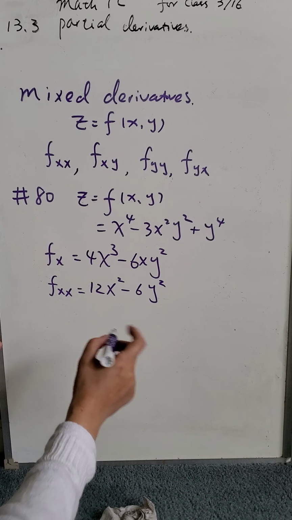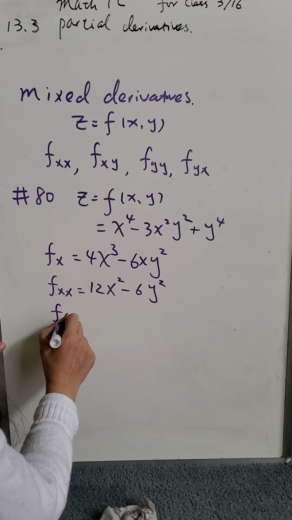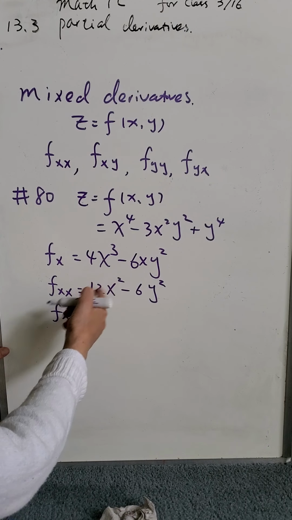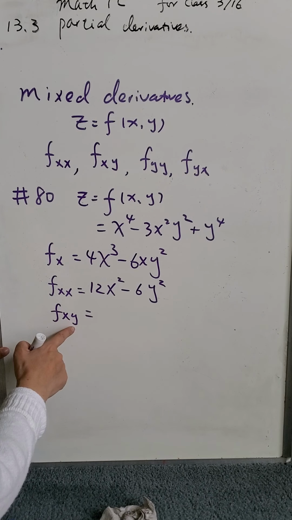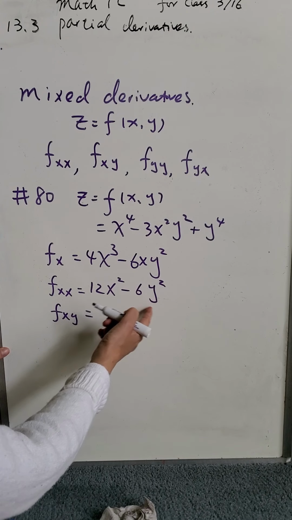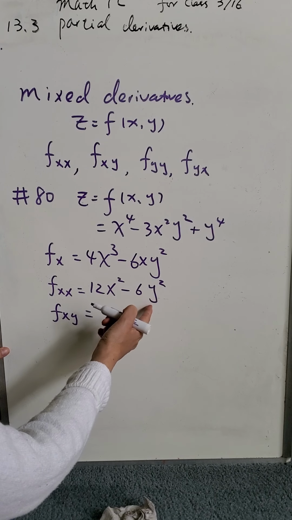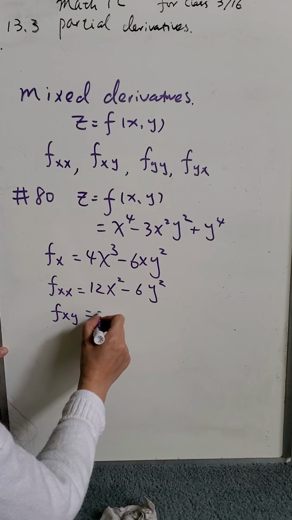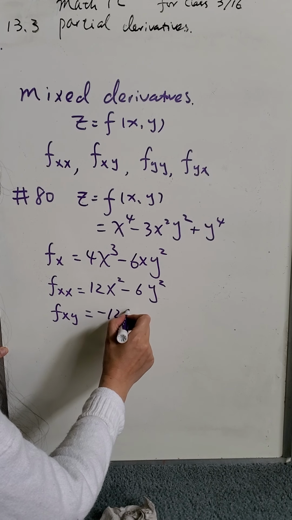Now we're going to go to fy, your fxy, and that will be a constant now, okay? Because with respect to y now, not x anymore, with respect to y, so that becomes a constant here, so that's gone. This is the one you take the derivative of, and that's a negative 12xy.